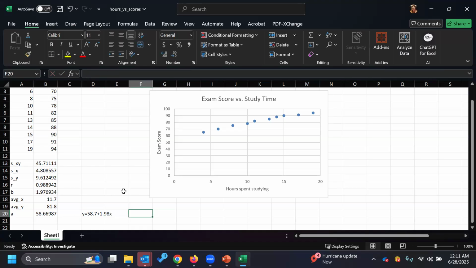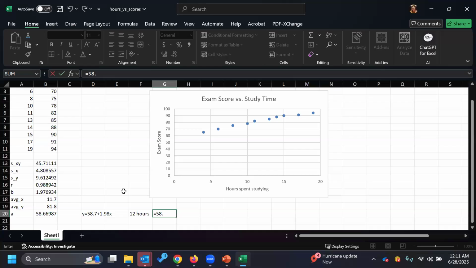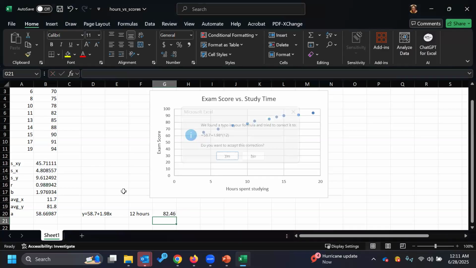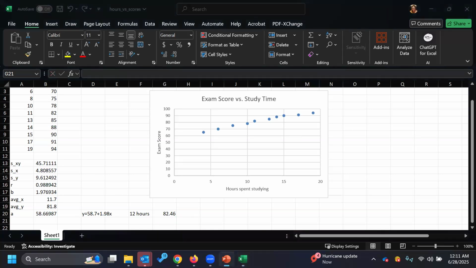So, for example, if somebody studies for 12 hours, we would expect their score to be 58.7 plus 1.98 times 12, or about 82.46, something like that. Okay. Now, we showed how to do it, calculating out all those formulas.